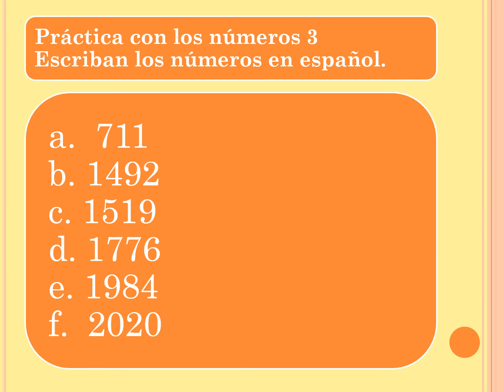All right, let's take a look at our last activity, and it's practice with some of the numbers. See if you can write them out in Spanish. I'll give you about 10 seconds to work on these. If you need more time, pause the video.